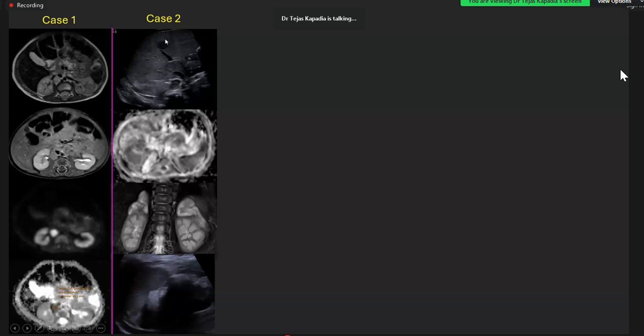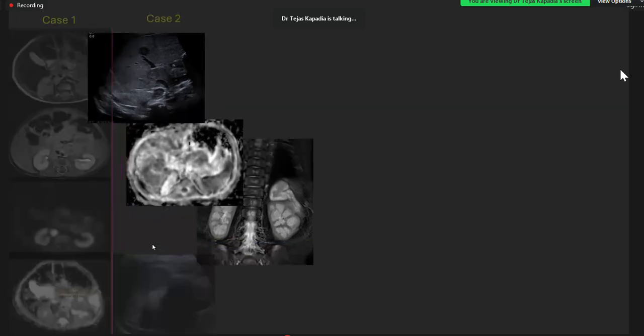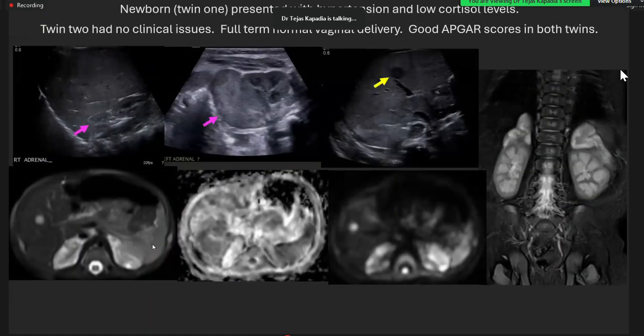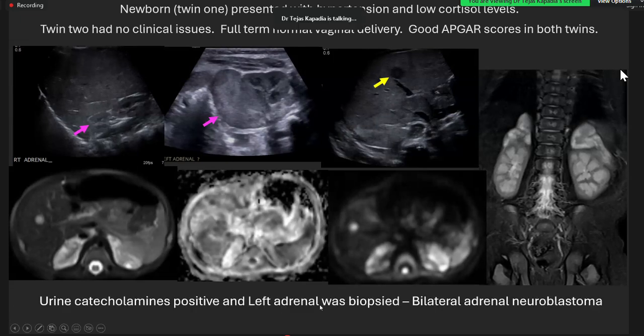They had liver mets and the urine catecholamines were positive. Because there was discrepancy on the imaging not completely fitting with neuroblastoma, this was biopsied and confirmed as adrenal neuroblastomas.